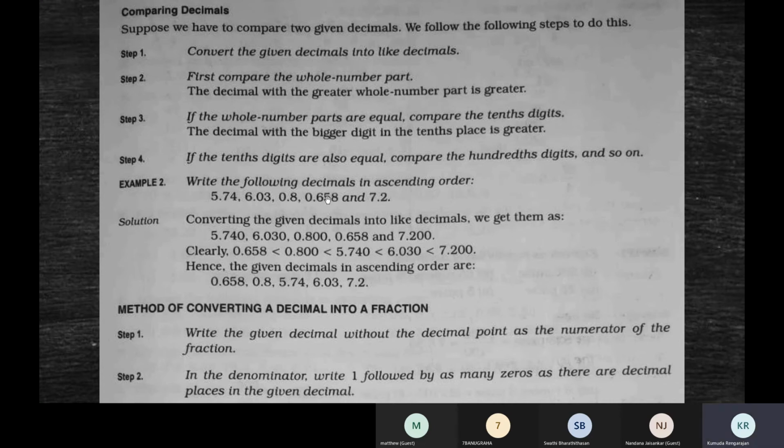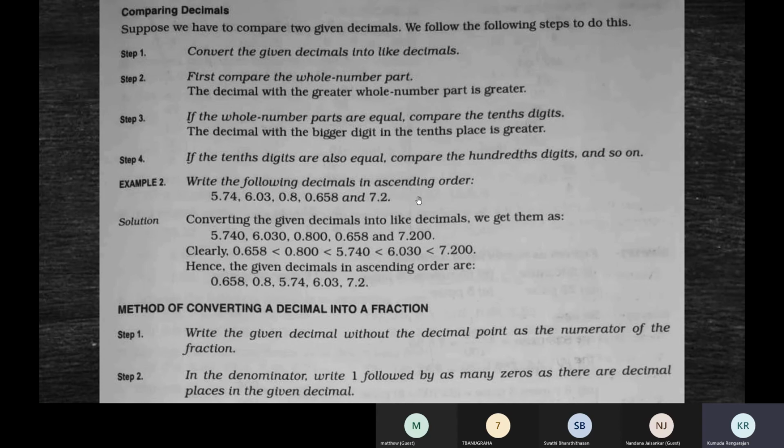With these 5 decimals it's easy to arrange, but the rule is to convert them to like decimals. Even without converting, we can easily arrange this, because the greatest is 7.2. So in ascending order, from small to big: 0.658 first, then 0.8, then 5.74, then 6.03, and then 7.2.